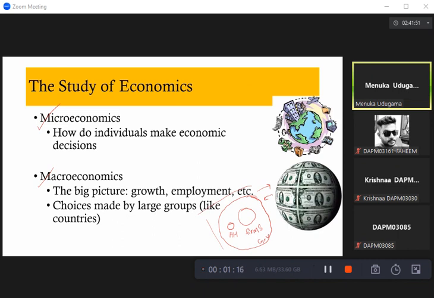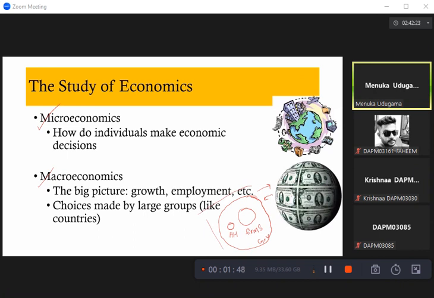For example, we looked at the individual decision-making behavior of the consumers and the producers, and when the products, goods and services from both these entities come into the market, we talk about aggregate supply and aggregate demand, growth, unemployment, exchange, and if there's another party involved, like the international community, then we talk about exchange rates, deficits.